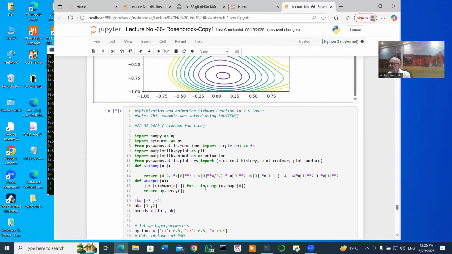But in this specific case, now after the program converges here, I shall show you how we animate the 6 hump function. Firstly, by using the 2 column array, which results from the position history, and by using the Pyswarms function to create the Z array.